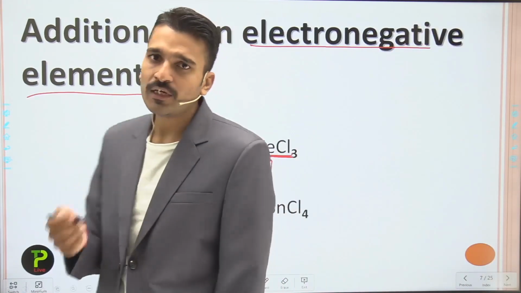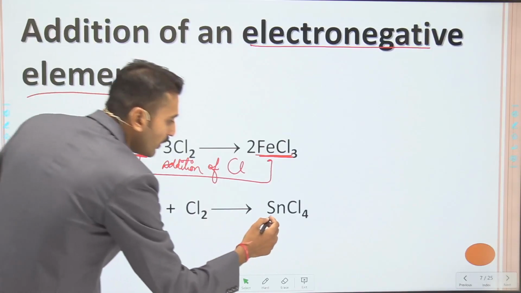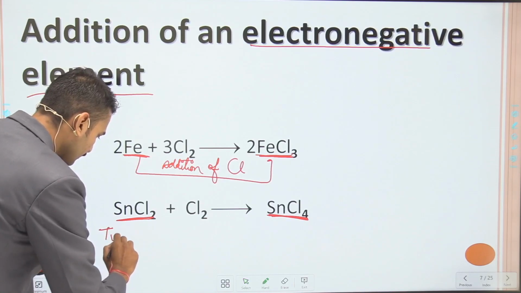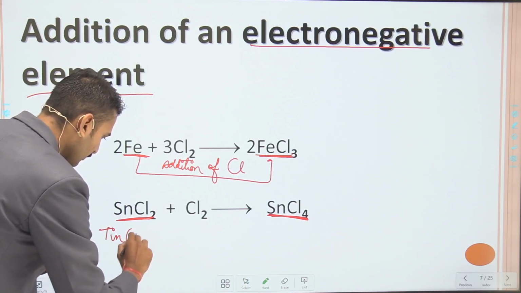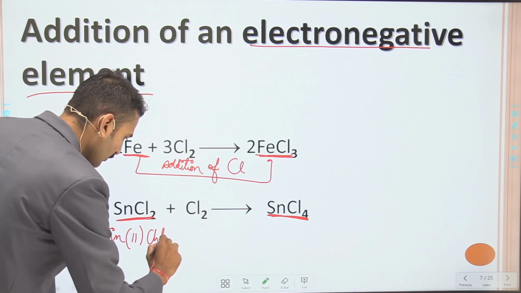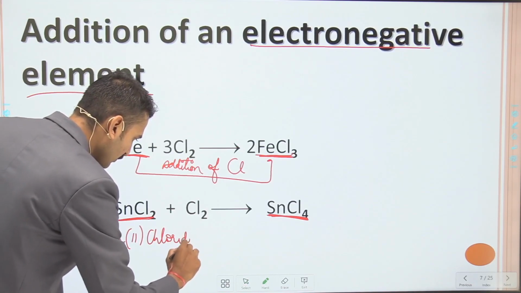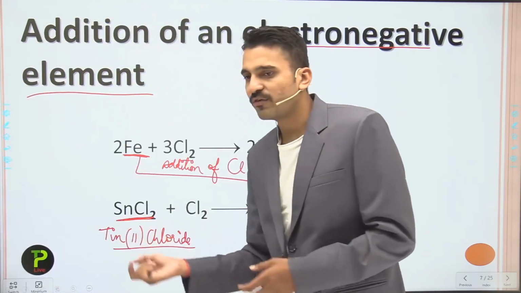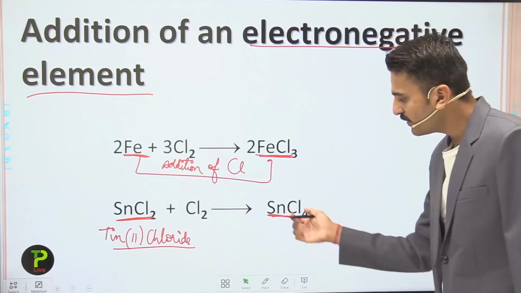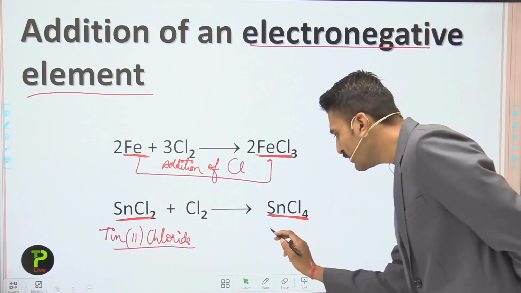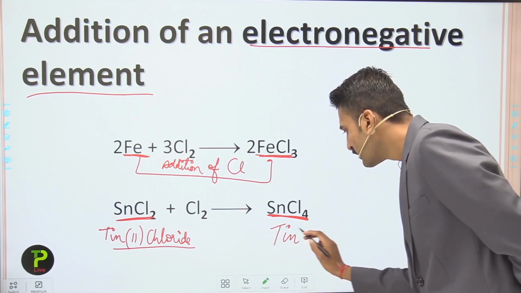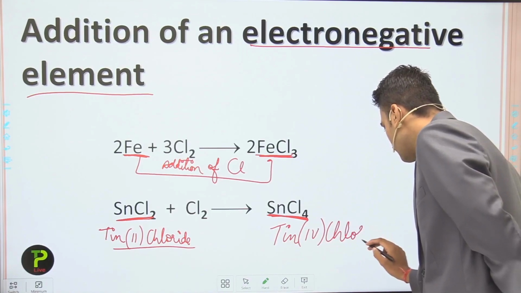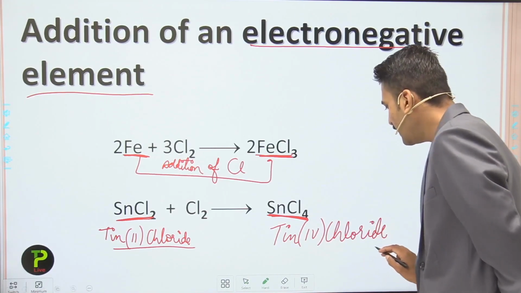Moving on to another example, that is SnCl2, tin chloride. When reacting with chlorine, it forms another tin chloride. So what is the difference here? Its name is tin(II) chloride. The 2 is used because the valency of tin here is 2, and in this case the valency of tin is 4, so I will use the name tin(IV) chloride.